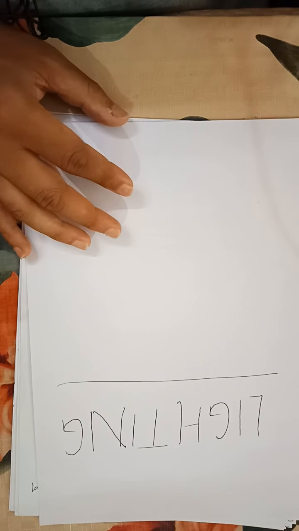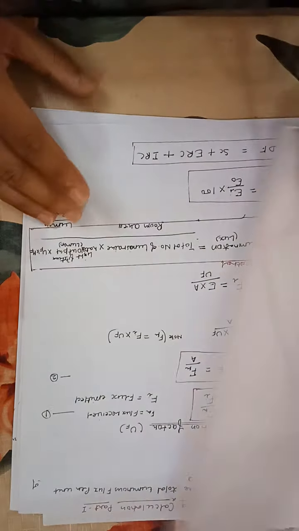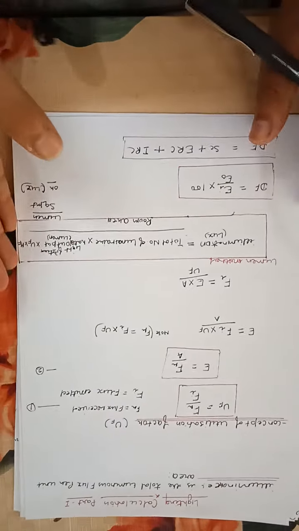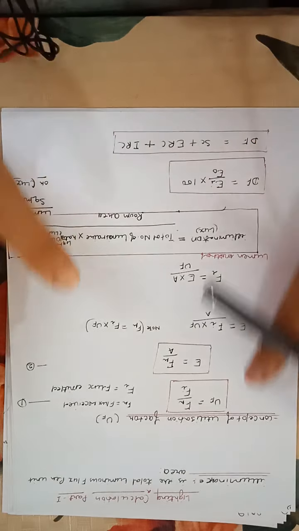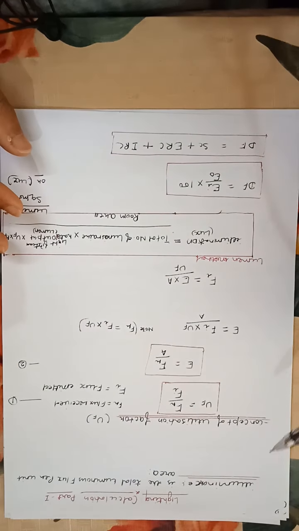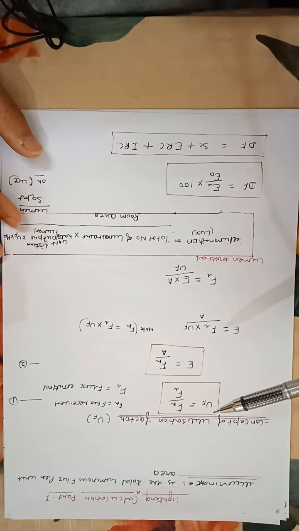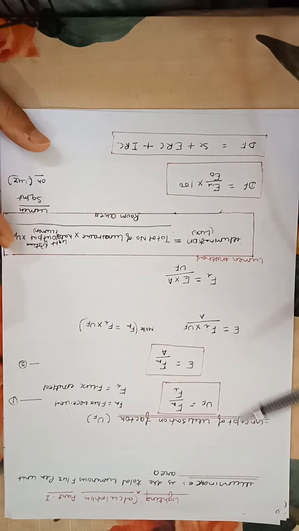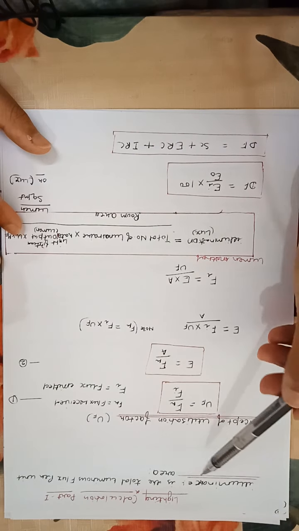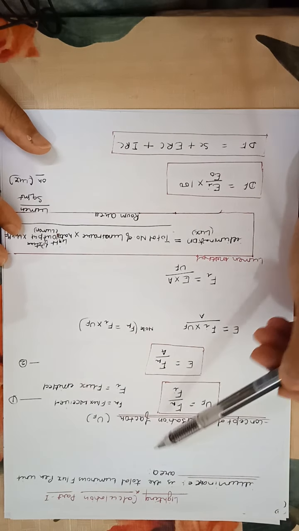Now we will discuss the lighting questions. So for lighting, we will go quickly to the formulas, which we have also discussed earlier. Lighting calculation: illuminance is the total luminous flux per unit area.